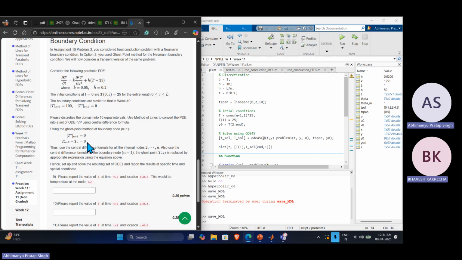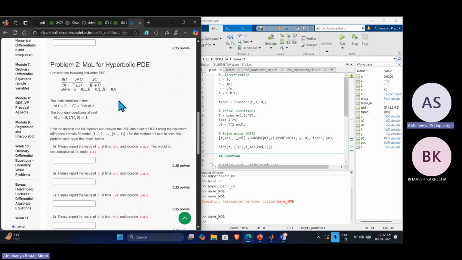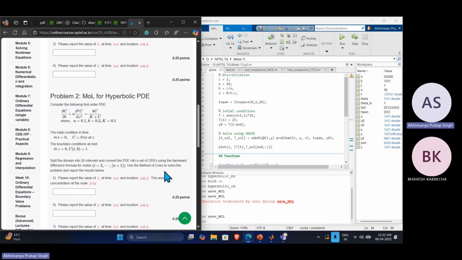You asked a similar doubt last week, basically the same doubt. That should be replaced with the previous node using such relations. That is the issue we are having in this problem too. They have asked us to use the backward difference scheme for node 2 to node n plus 1.